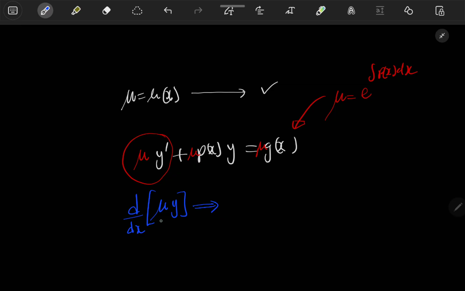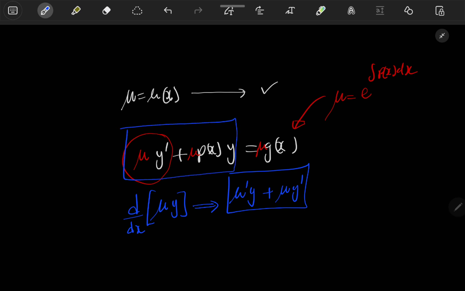The product rule is supposed to be: I prefer writing mu prime, leave mu y as it is, plus leave mu as it is and y prime. So technically we're saying this blue part is the same as the other blue part.